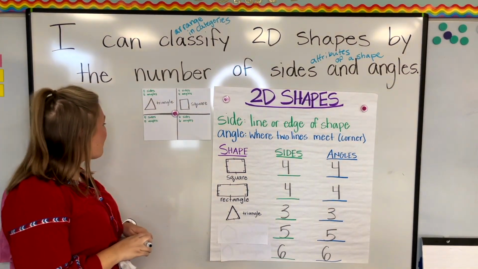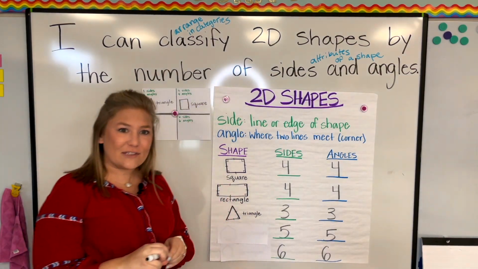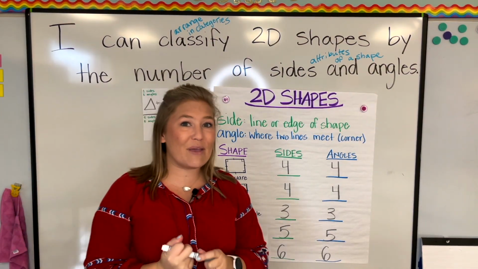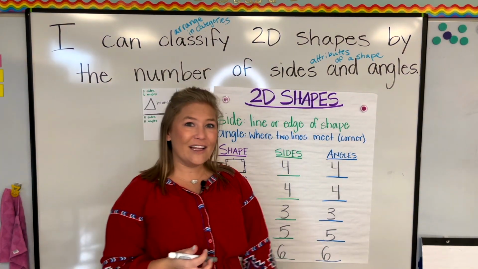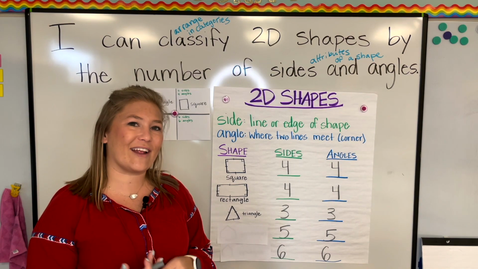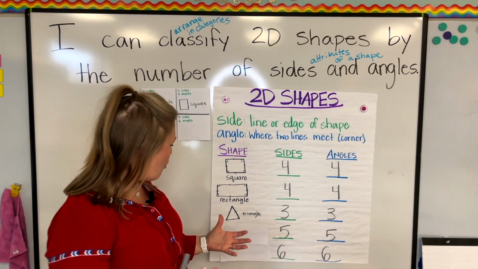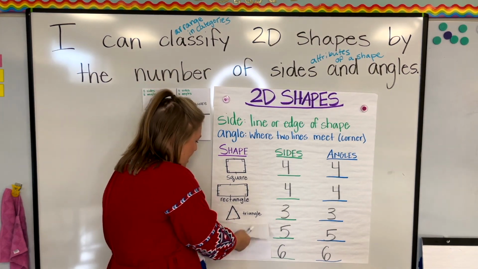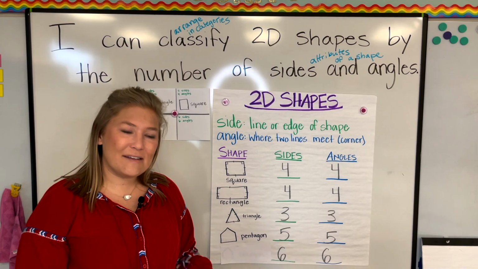All right, let's go ahead and do 5 sides and 5 angles. That's a pretty big shape to have 5 sides and 5 angles. I see it right here on my chart. Does anyone know what that shape is called that has 5 sides and also 5 angles or edges or corners? That's right. It's a pentagon.